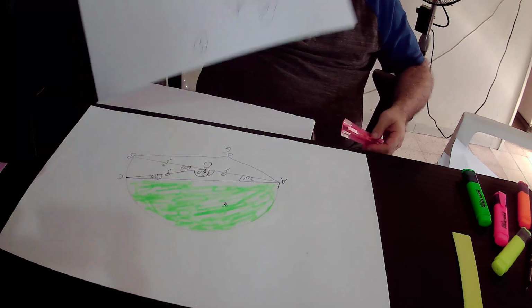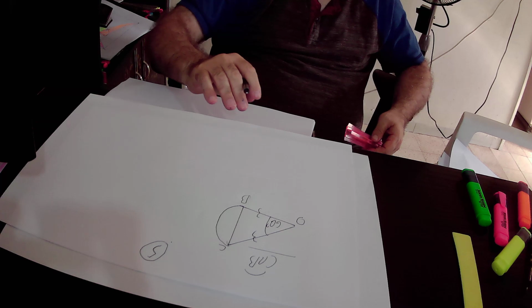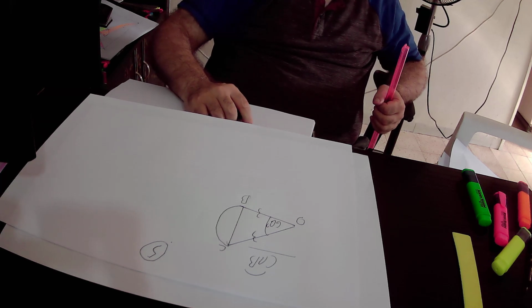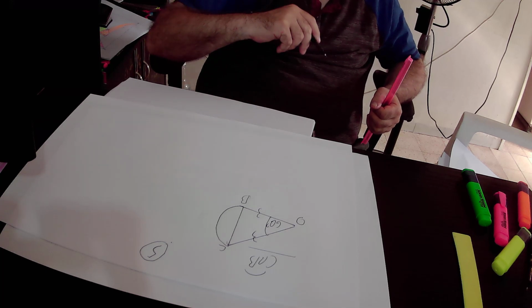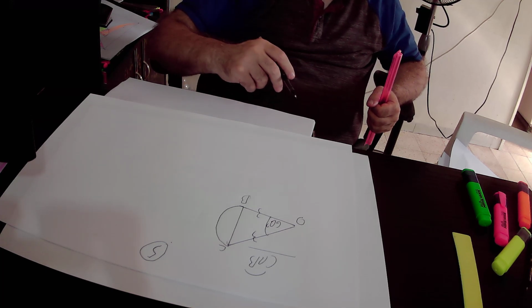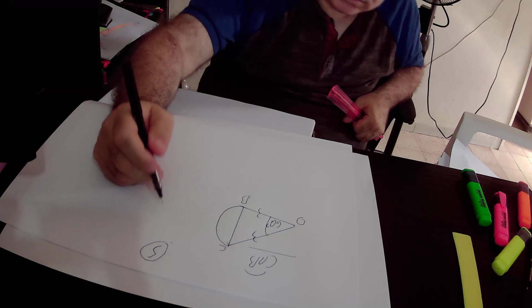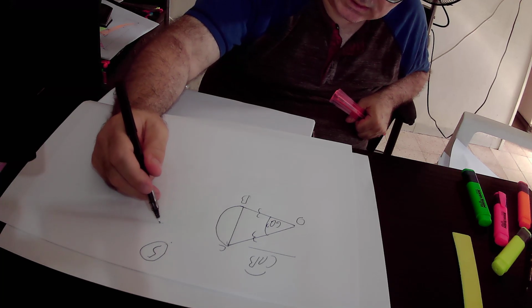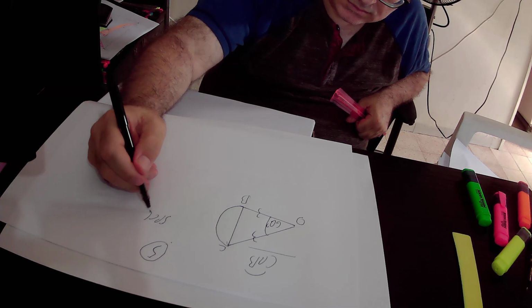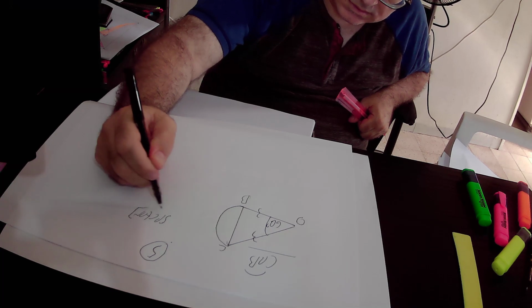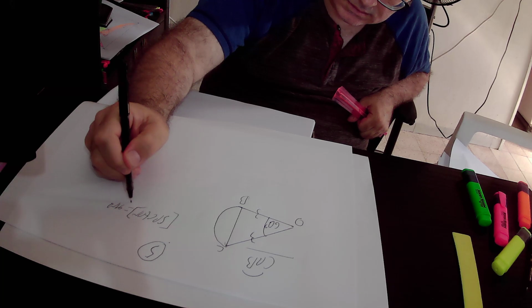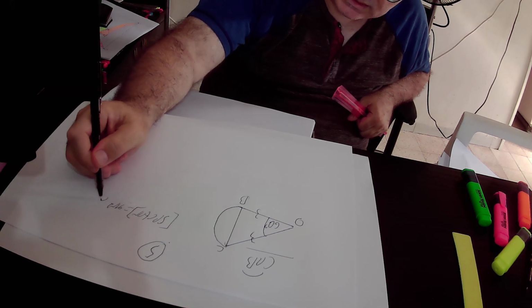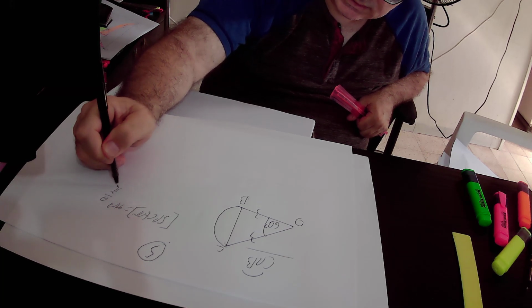So actually, this is sector COB that comes from the original drawing. OC equals 3, OB equals 3, and the angle between the legs of the sector is 60 degrees. According to the new formula, the area of any sector is equal to pi r squared times theta over 360 degrees.